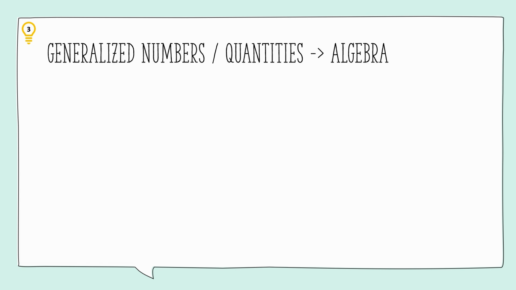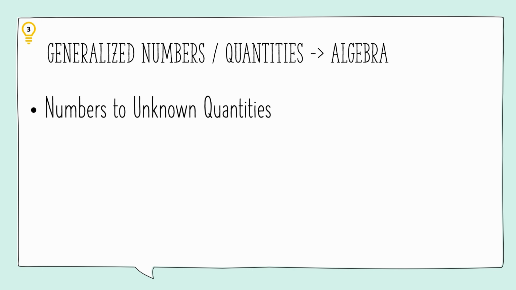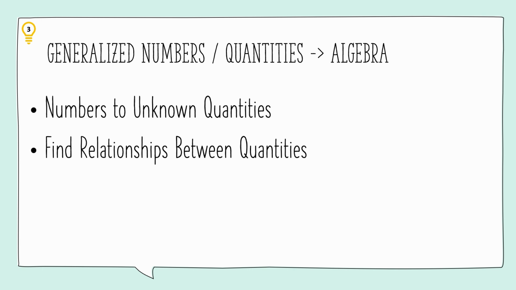In the middle grades, students are now entering a new and exciting world where they generalize their understanding of numbers as known values to now seeing quantities that can vary and finding relationships between such quantities. However, we don't need to rush to variables as the primary means for representation.